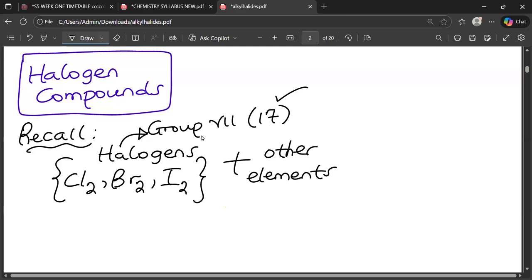Then for compounds, things are combining chemically, so you're forming a chemical substance. So when they combine with other elements, what you get is what they call a halogen compound.